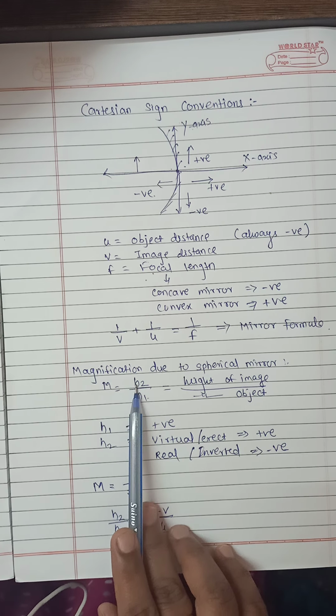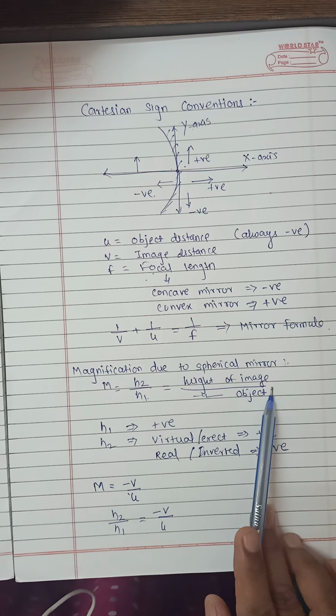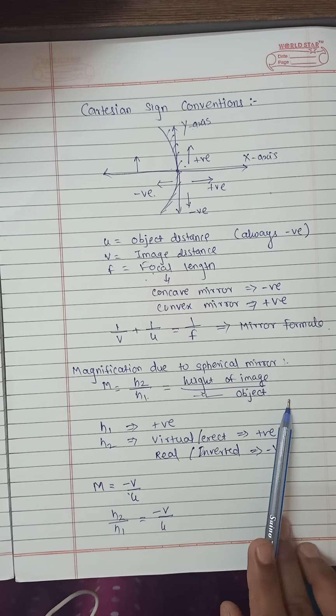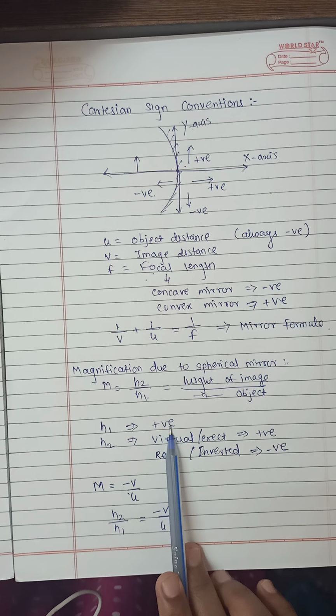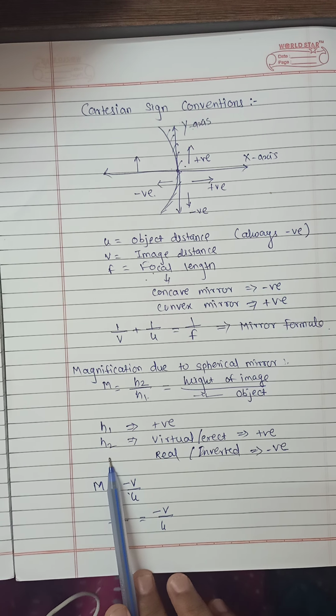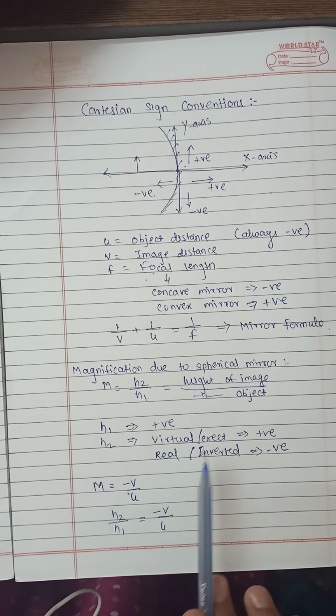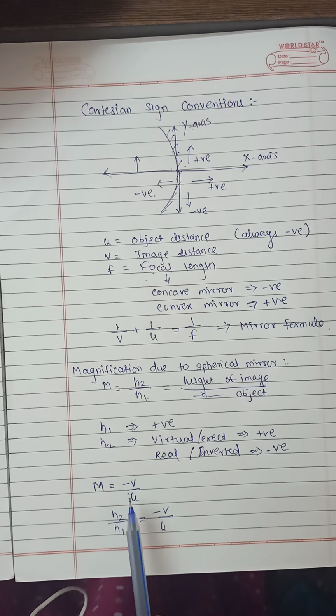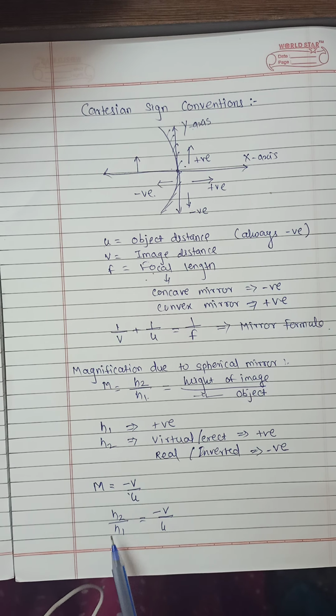So m is equal to h2 upon h1, where h2 is the height of the image and h1 is the height of the object. h1 is always positive because it is above the principal axis. h2, depending upon the nature of the image, will be positive or negative. And this is another formula for the magnification. So from this we will get this relation.